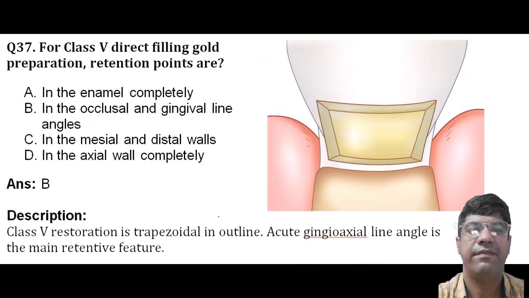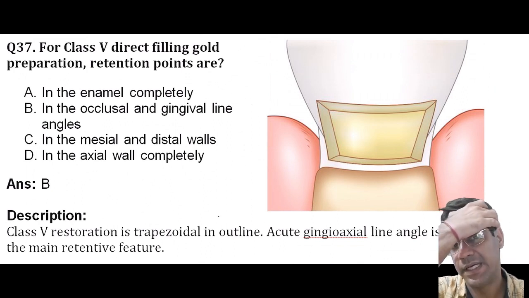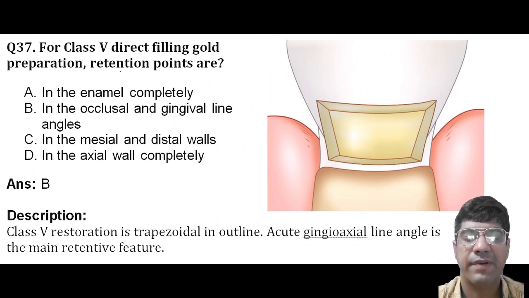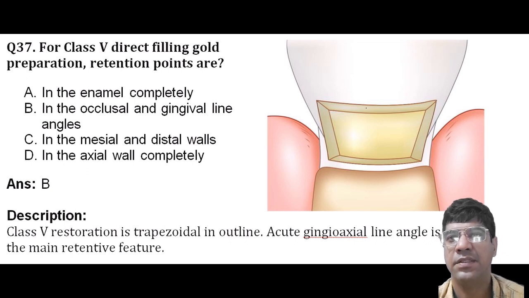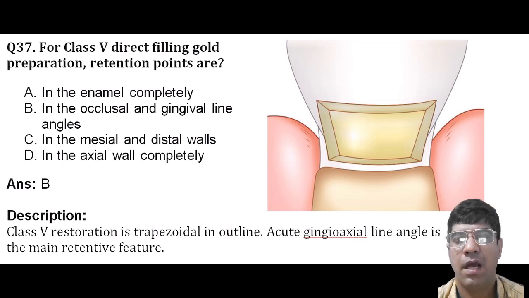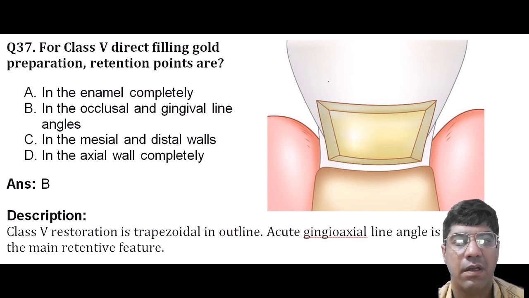For the class 5 direct filling gold preparation, where are the retention points? Well, the class 5 cavity generally has a trapezoidal outline that typically involves the occlusal and gingival line angles.